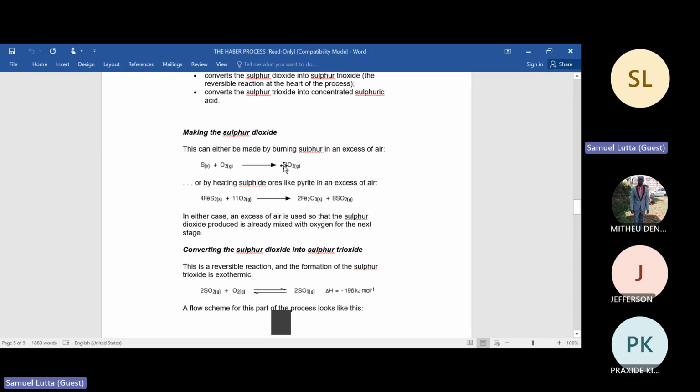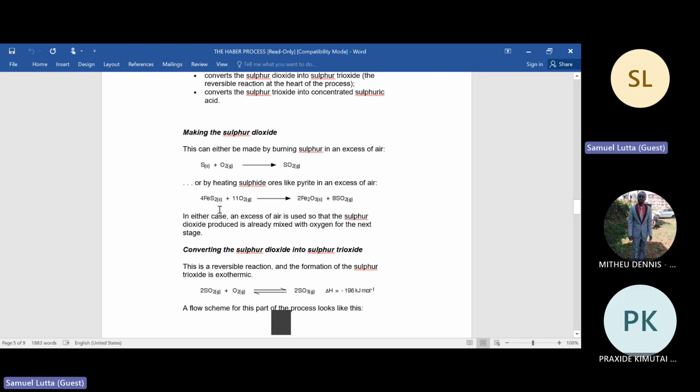How do we get sulfur dioxide? We get sulfur dioxide by reacting sulfur with oxygen, and then you can also get sulfur dioxide from the extraction process. We saw, when you heat metal sulfide during extraction, you form sulfur dioxide. So this sulfur dioxide, instead of allowing it to go to the atmosphere, you can use it to prepare sulfuric acid.